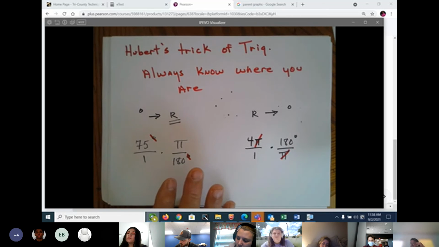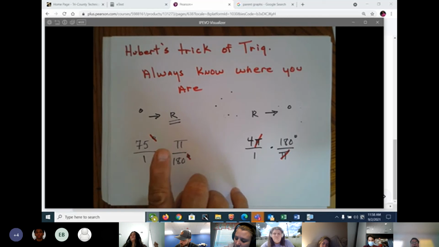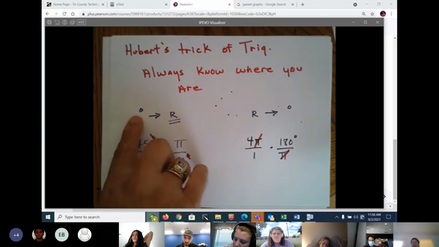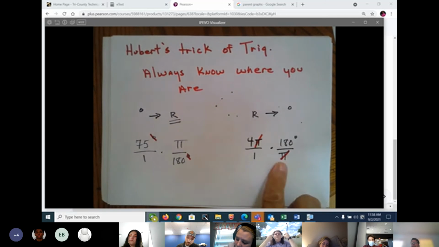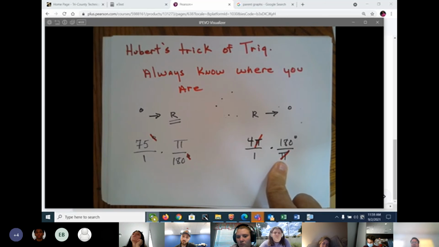In order to get the degrees to cancel, you have to put 180 on the bottom. In order to get the radians to cancel, you got to put the radians on the bottom. If somebody had explained that to me, it would have made a whole lot more sense to me back in trig.